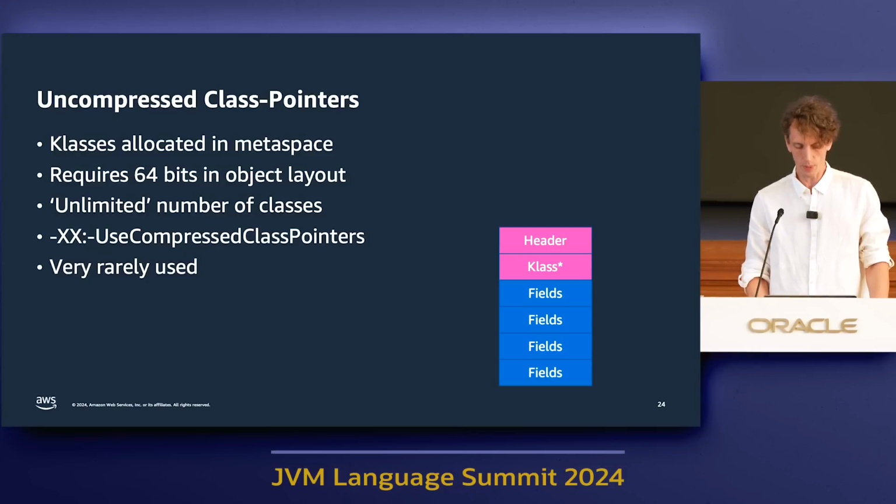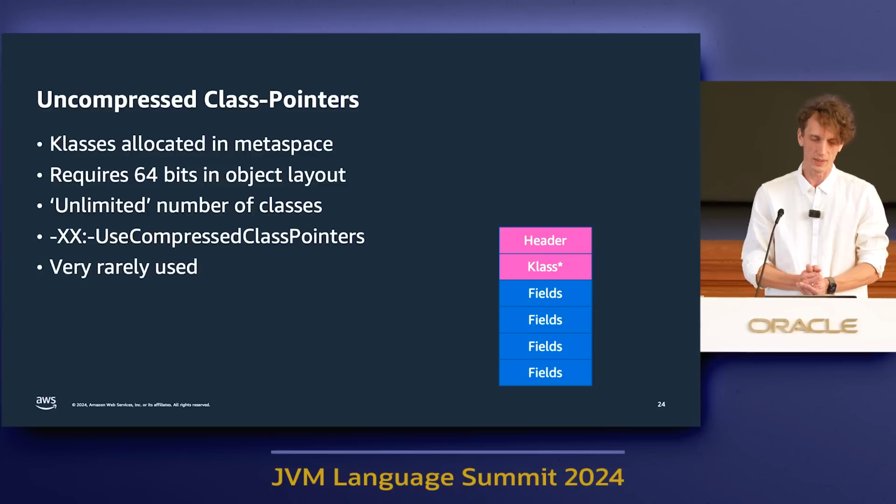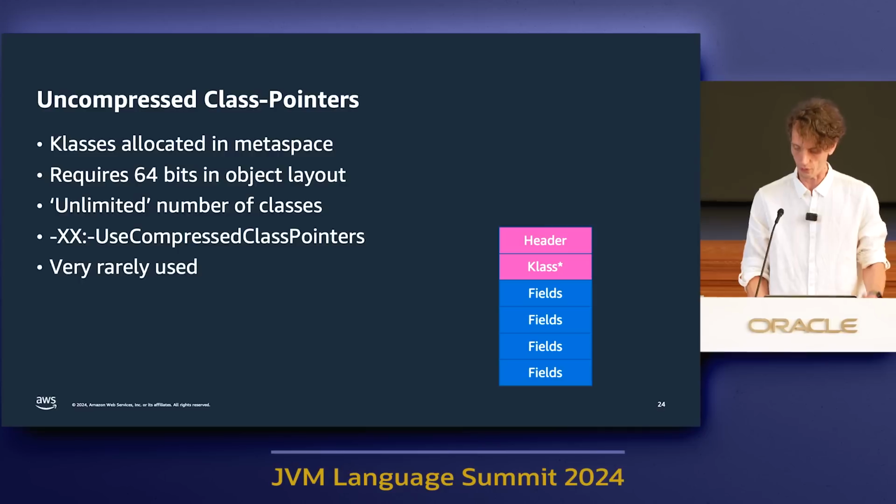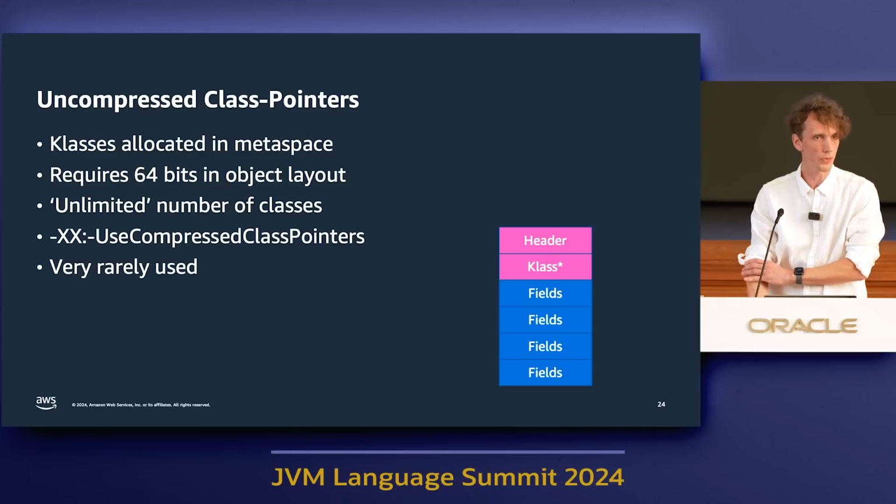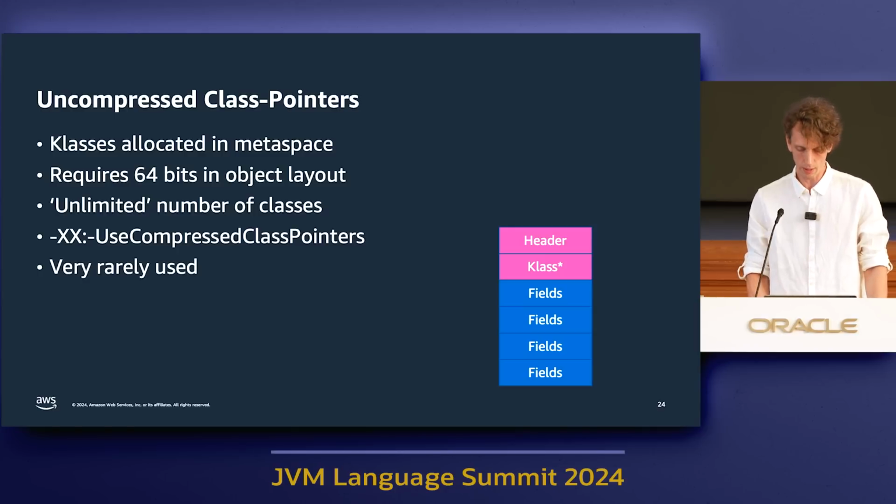And you can activate this by passing this flag, minus UseCompressedClassPointers. It's a boolean flag, so it's basically on by default, but you can turn it off if you want. But it's very rarely used. I made a survey across all the code at Amazon, and I found no single use of this flag.